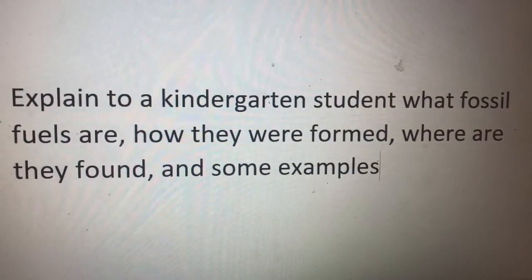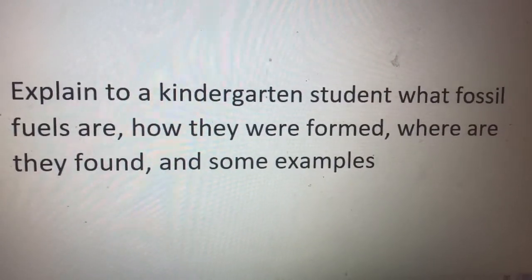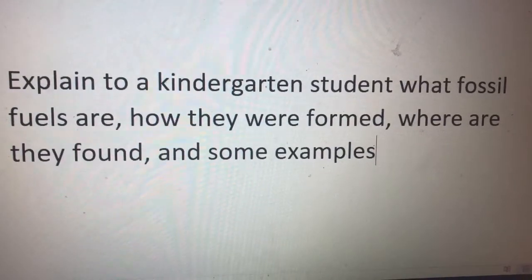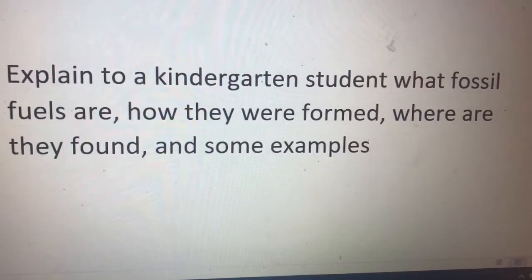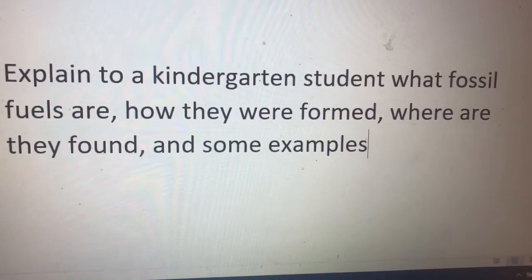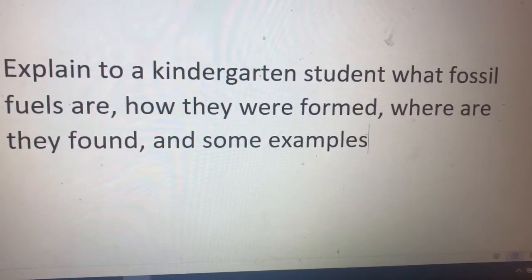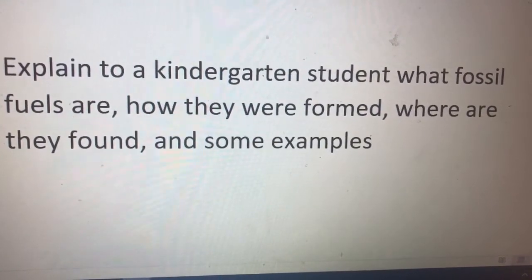So now I want you to write in very simple words, as if you were talking to a kindergarten student, what fossil fuels are, how they were formed, where they're found, and give them some examples of what fossil fuels are. Okay, so fossil fuels, not fossils, but fossil fuels.